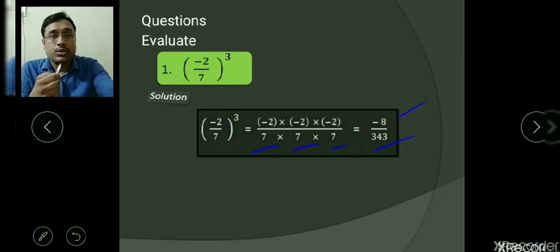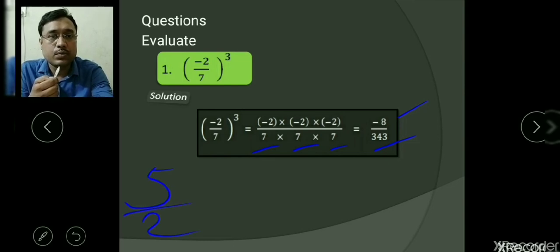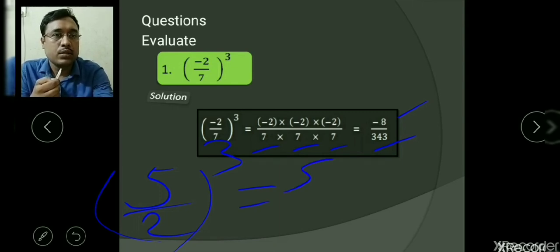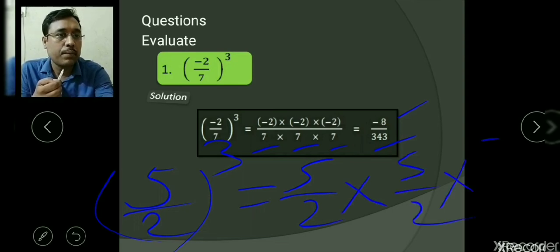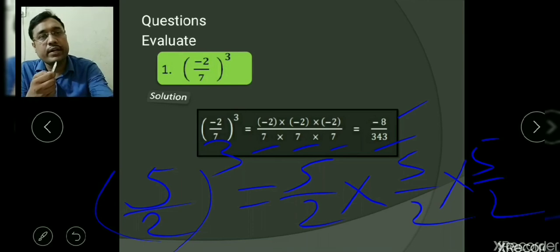Okay students, so this way you can solve any such question. If 5 by 2 to the power 3 is given, then you will take 5 by 2 into 5 by 2 into 5 by 2. That many times you will multiply. This also you can do, or you can take this power 3 on both 5 and 2, because this is the common power here.